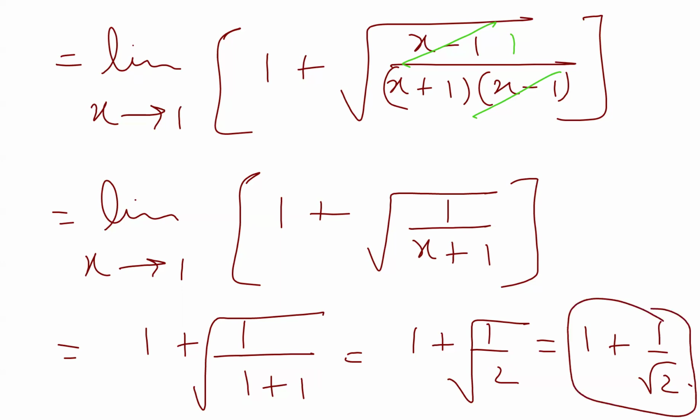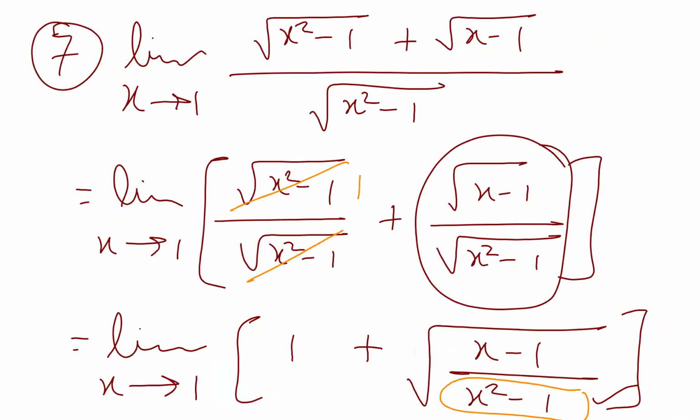You can also take LCM, root 2 plus 1 upon root 2. Fine. Yes, I'll go to the previous slide. See, first step is split. Second step is to combine the root. We have the liberty of combining the root because it's division. Otherwise, we couldn't have combined that.